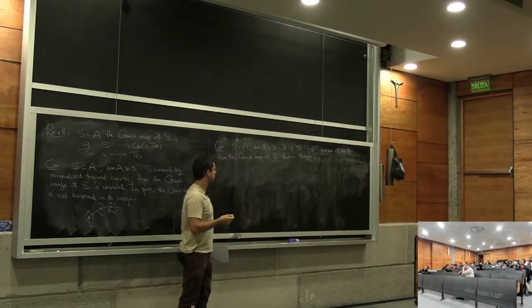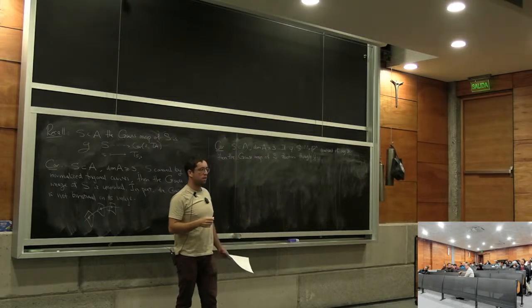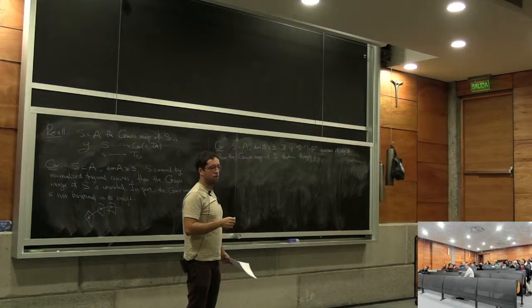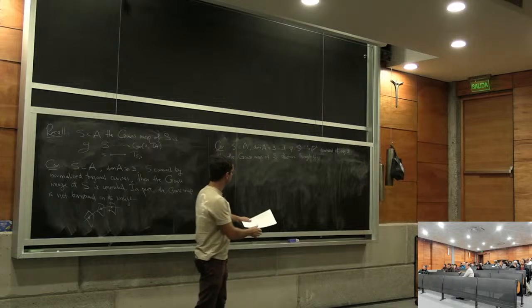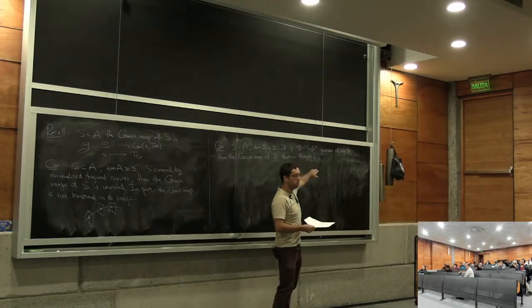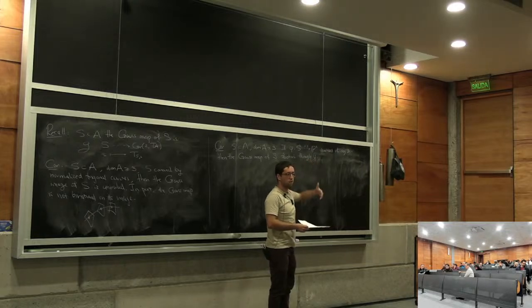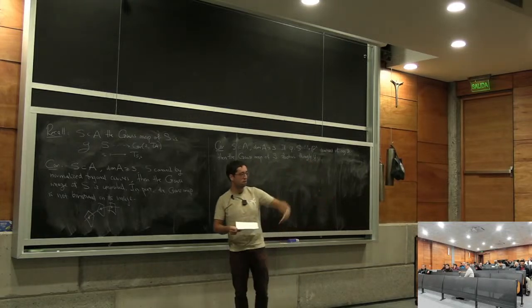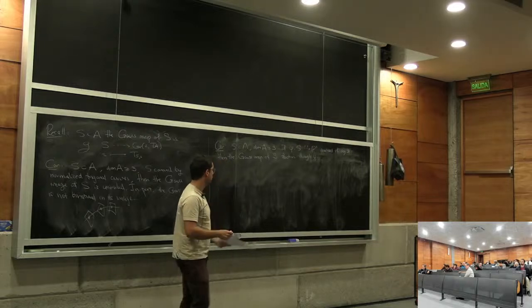So in particular in that case, you would get that the Gauss image is rational. And it's a very similar statement. You see, in that case, this map of degree 3 from S to P2 gives you a ton of trigonal curves, because you can take any line, for instance, in P2, pull it back, and you get a trigonal curve.